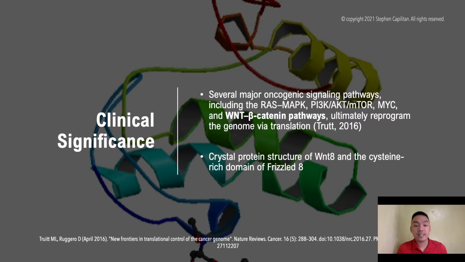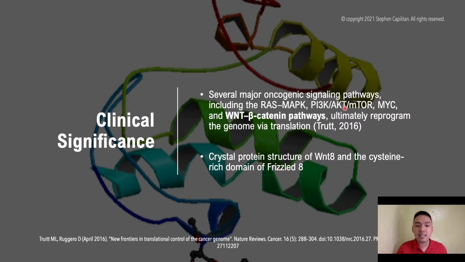Another clinical significance of studying translation is several major oncogenic signaling pathways that trigger the development of cancer cells, and that includes the RAS-MAPK, PI3K, AKT-mTOR, MYC, and WNT beta-catenin pathways, and they ultimately reprogram the genome via translation. This was studied by Trotta in 2016, the new frontiers in translational control of the cancer genome.